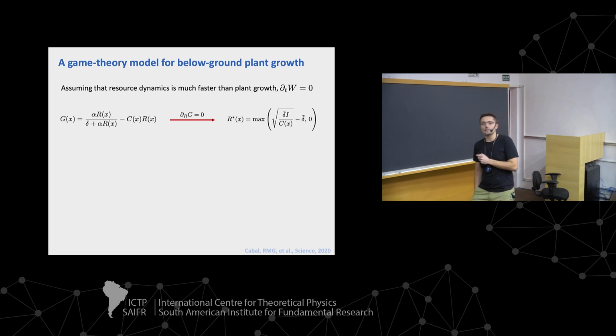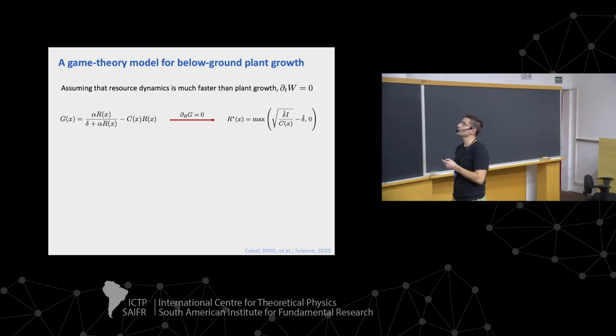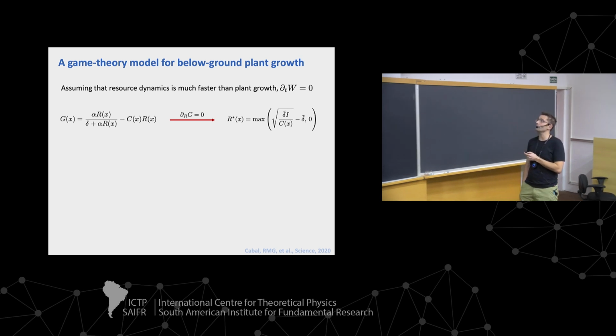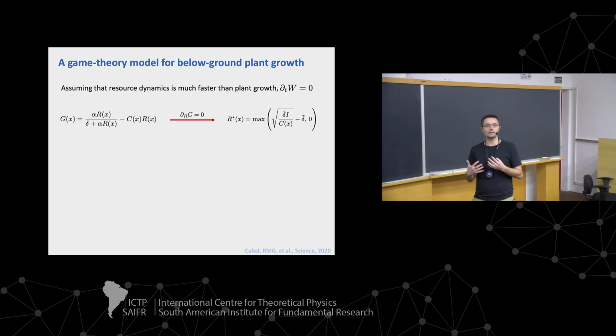If I am interested in which is the optimal root profile for a single plant, all I have to do is to calculate the derivative of this G function with respect to R at every point of space, and then I get my root profile as a function of space. The fact that this is a square root depends on the choice for the cost function and the intakes.